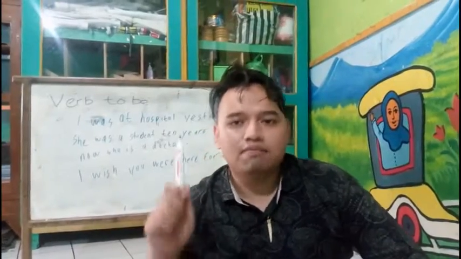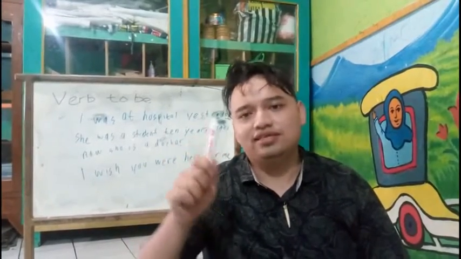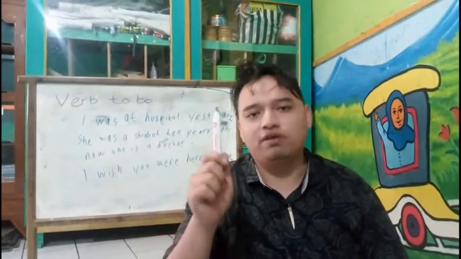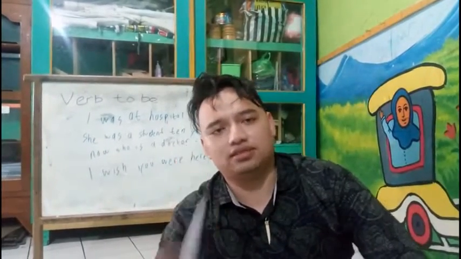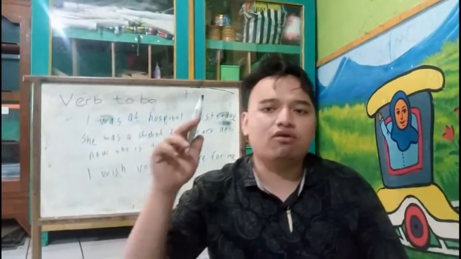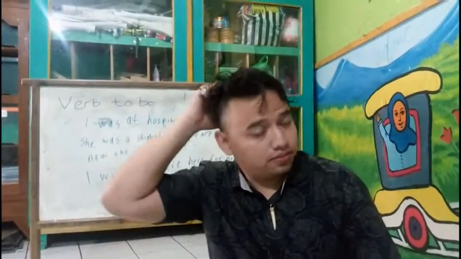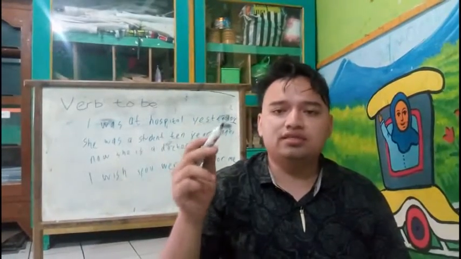Okay, next, the past participle, been. This is the form of the to be verb used with the perfect and passive tenses, and it is the same for all the subjects. It's also sometimes used as an adjective in English.